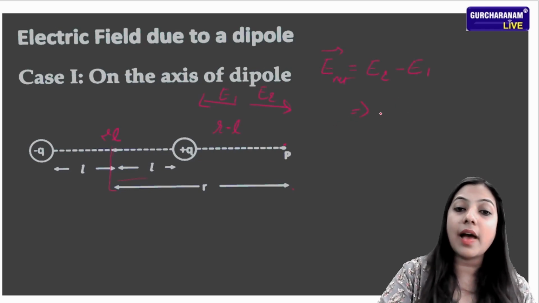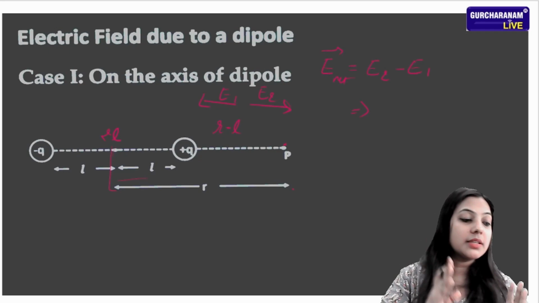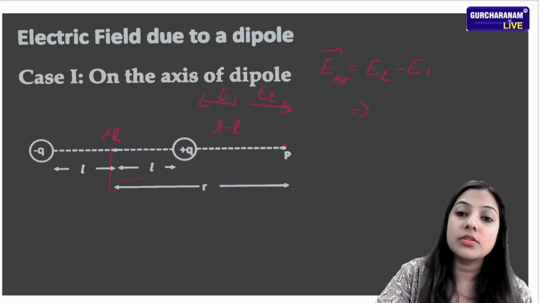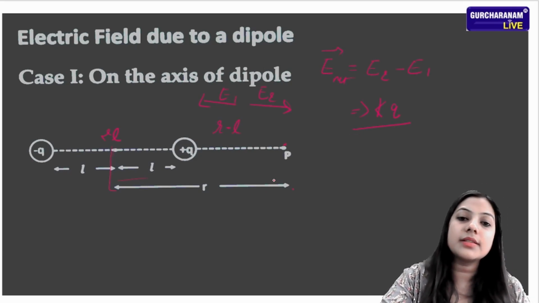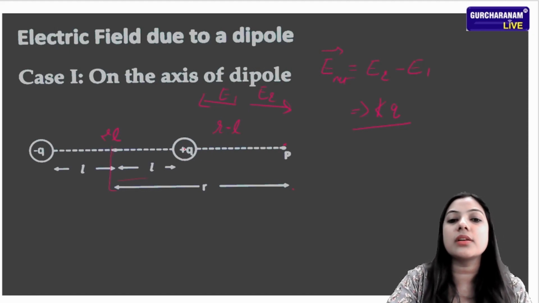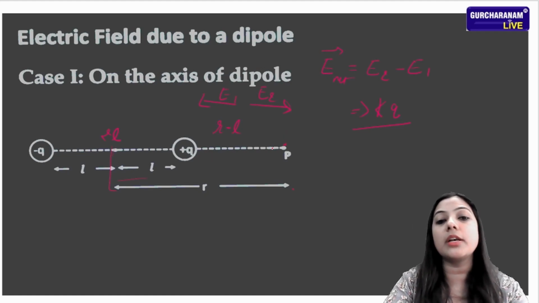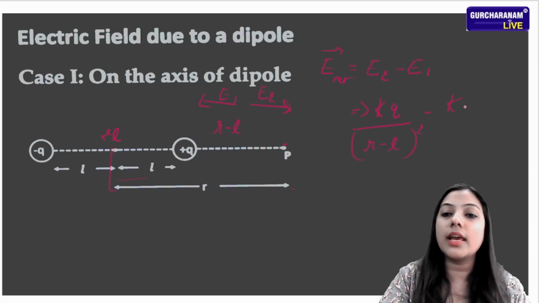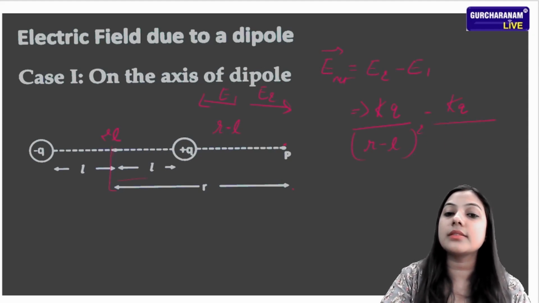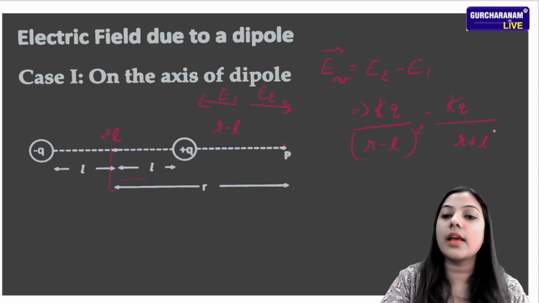So the value of E is, we have charges plus Q and minus Q. So the value of E2 is KQ upon, first the electric field due to plus Q charge on point P, the distance is r minus L. So we can write r minus L whole square, and for minus Q charge the distance is r plus L.